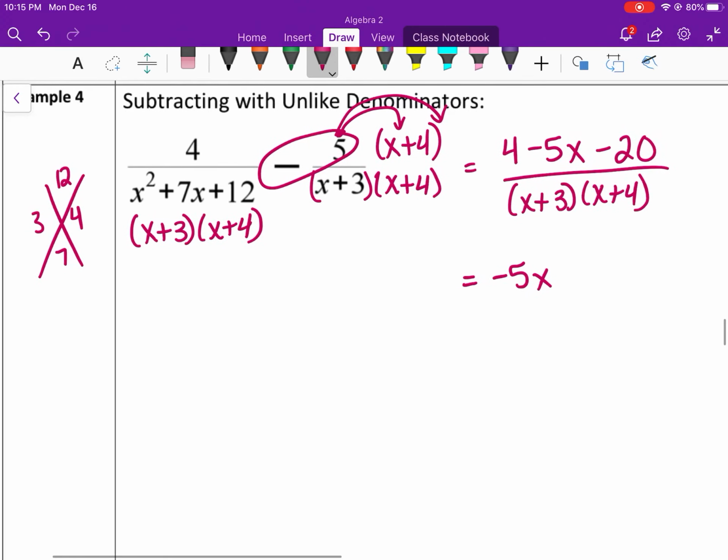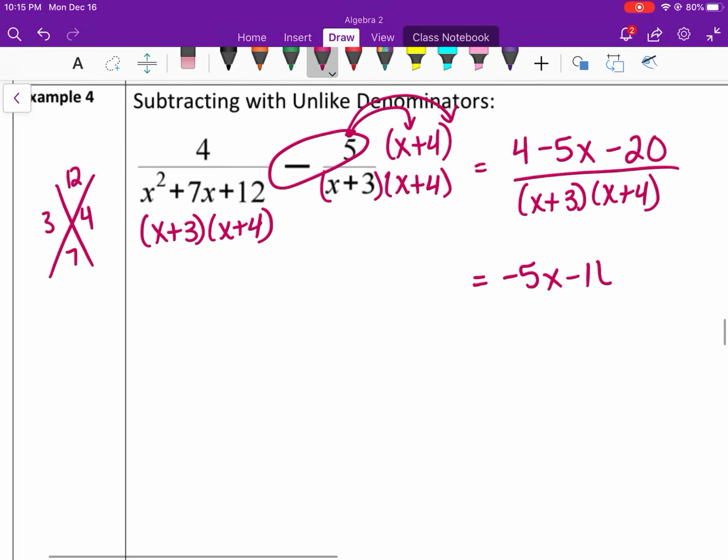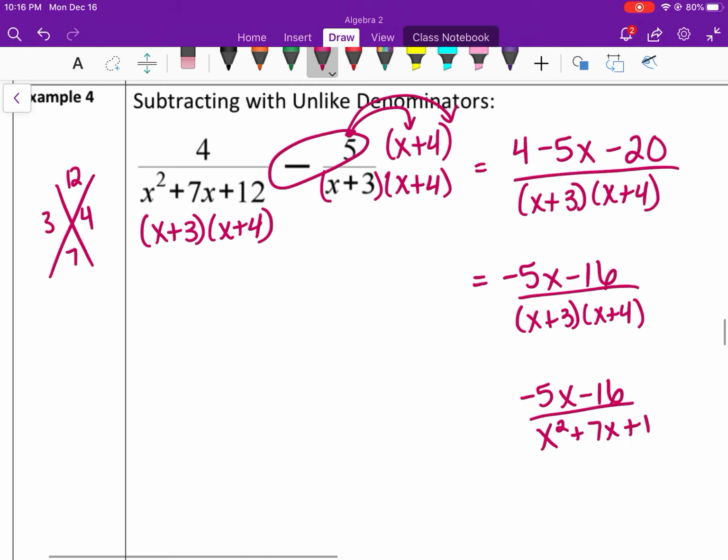So it'll be -5x and then -16 all over x plus 3 times x plus 4. Or -5x minus 16 over x squared plus 7x plus 12. Either one.